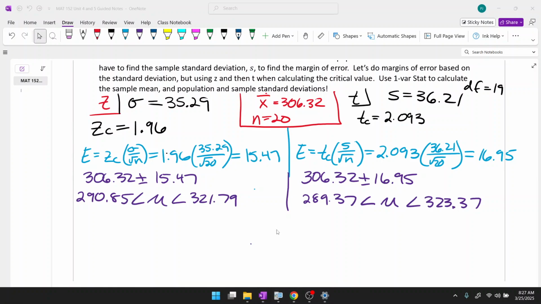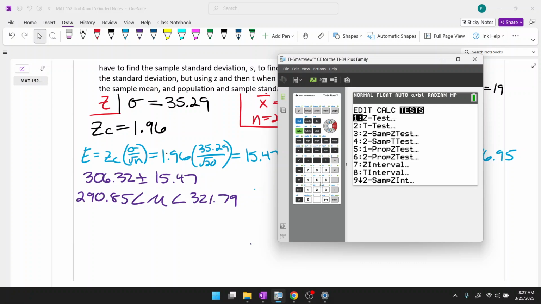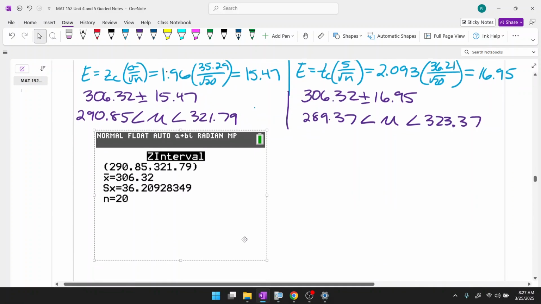Now, believe it or not, you could actually do a z interval based on stats, or I mean on data. The only thing is you do have to kind of override the standard deviation, and if you do the 95% confidence, we see that.